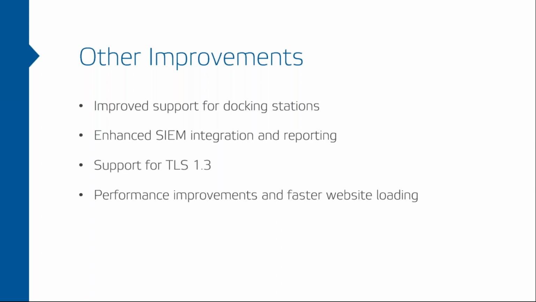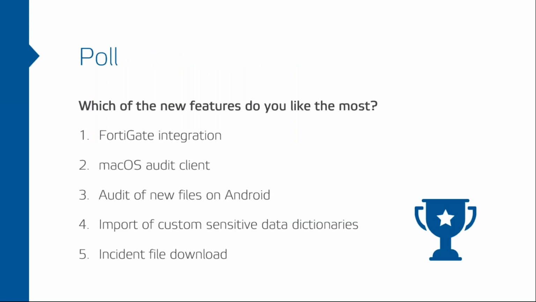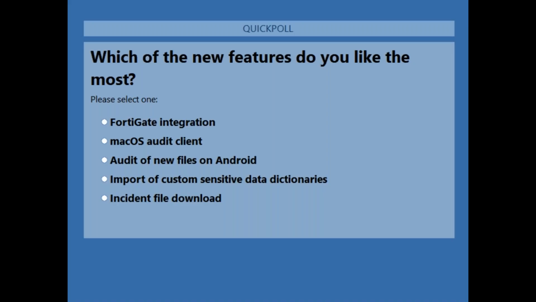And before we move on to the roadmap highlight topic, I have one more poll for you. I would be very interested to know which of the new features actually caught your attention the most. Which of them did you like the most and will probably benefit from the most?